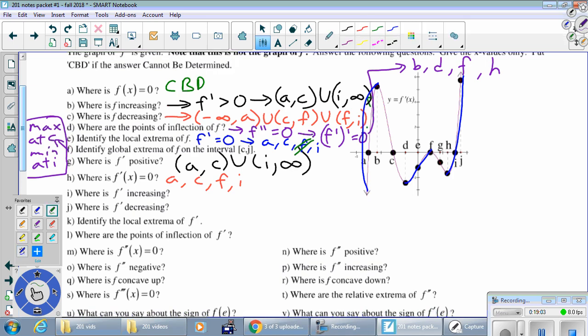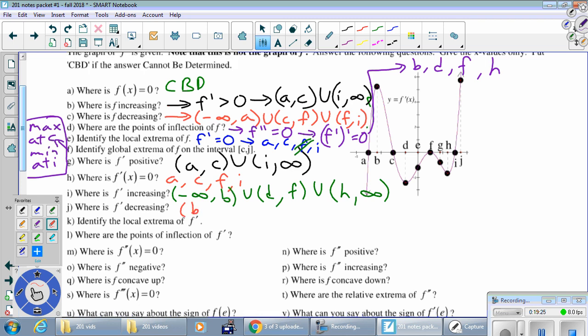F prime is increasing from minus infinity up until the top, which is at B, and then union from D to F, and then union from the bottom, which is H, and then it looks like forever to the right. So F prime is increasing there. If you put brackets around those, that's fine, just not around the infinities. F prime is decreasing on the other intervals, so from B to D, and then F to H.